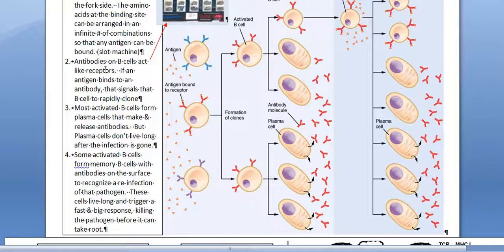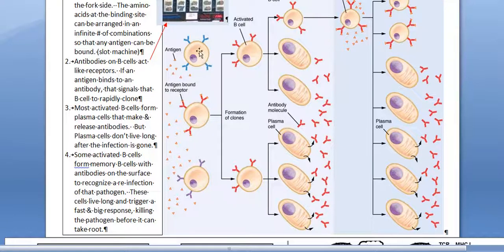Now, antibodies on B cells act like receptors. So these are antibodies on the B cells. They act like receptors. And if an antigen binds to an antibody, so here's the bad guy, right? And it happens, okay, so this B cell has antibodies that can bind it, right? So as soon as that binds, it sends a signal to this B cell, saying, hey, you're the one that works.